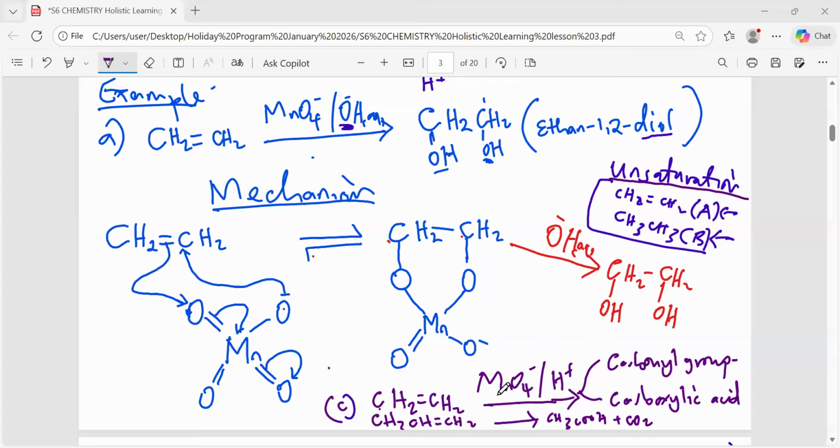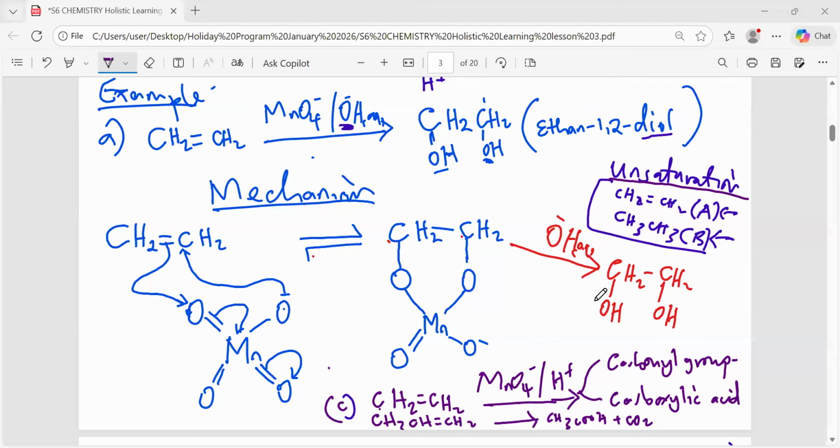Now when we come to acidified, we see that we are forming only the carboxylic acid and carbon dioxide gas. So we can conclude that with acidified potassium permanganate, it is changing from purple to colorless, while on this side it is changing from purple to maybe a brown precipitate.